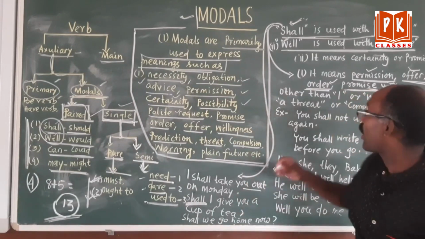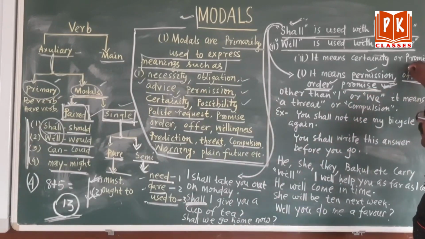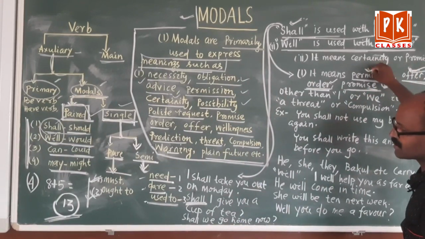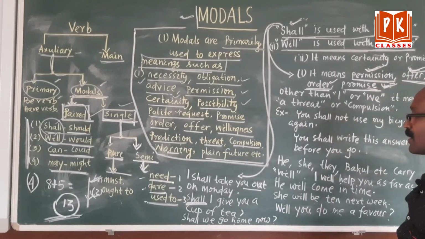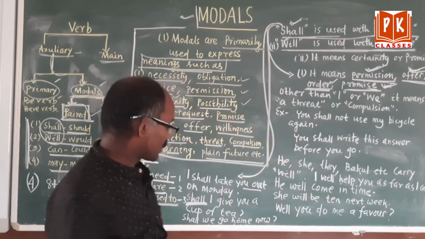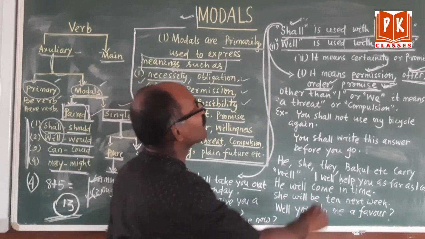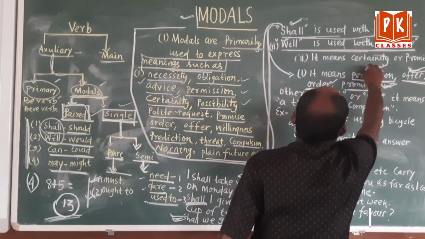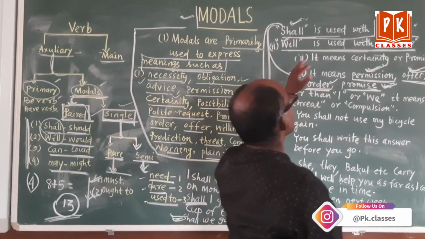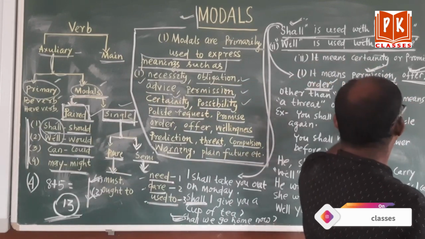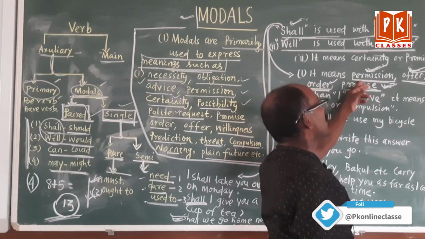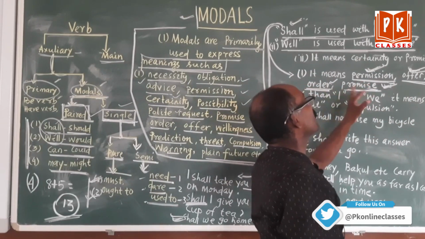It means offer, or it means permission. Clear? Shall we go home now? It may be permission. That means shall is used with I or we, but it means permission, offer, order, promise.